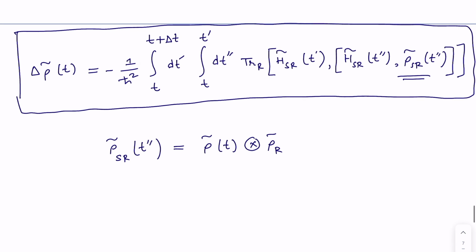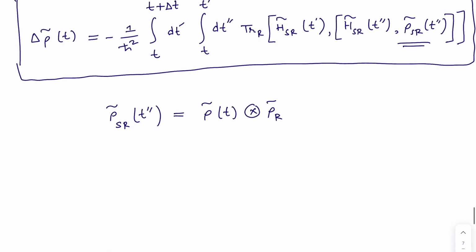The only difference here is that rather than writing it at t double dash, we are writing it at time t. So basically the assumption we are making is that rho tilde at t double dash is equal to rho tilde at time t. What does it mean? It means that the evolution of the system state, that is rho tilde, does not depend on the past history of the density operator.